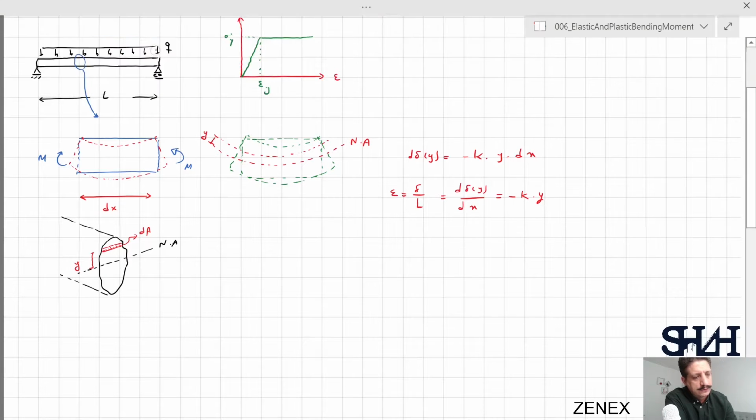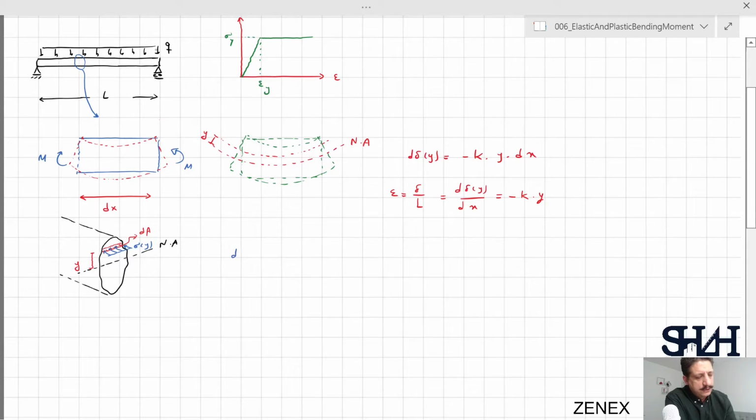The force at this level will be the stress times the area, and we have sigma at the elevation of y. So if we want to calculate the bending moment of this ribbon with respect to the neutral axis, we need to calculate the force and then multiply the force by the distance to the neutral axis, which is y here.